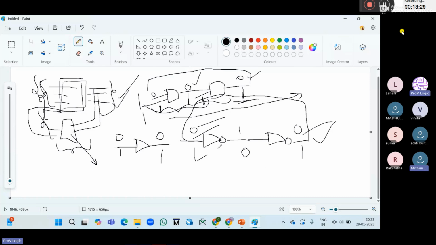Here, mostly counters; everywhere we use counters only. Starting from the 0th location, we write the data into the memory, and then the pointer moves to the first location by using counter logic.